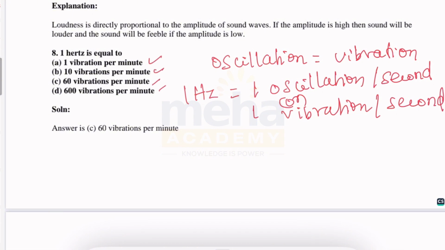We know 1 minute is equal to 60 seconds. Therefore, you have to multiply by 60, so it would be 60 vibrations per minute, because 60 seconds makes 1 minute. So the option is C, 60 vibrations per minute.